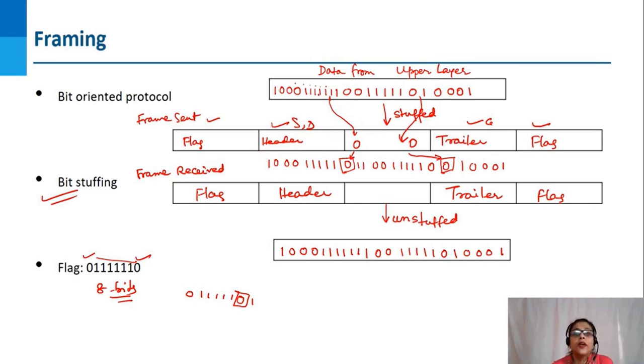So here there are consecutive 5 ones, so here a 0 is stuffed. Again here also there are consecutive ones, so again a 0 will be stuffed over here. So you see here the 0 is stuffed. So at the receiver, this 0 can then be removed and it can be unstuffed.